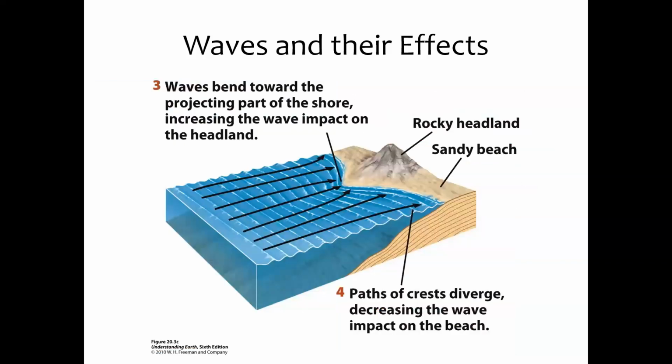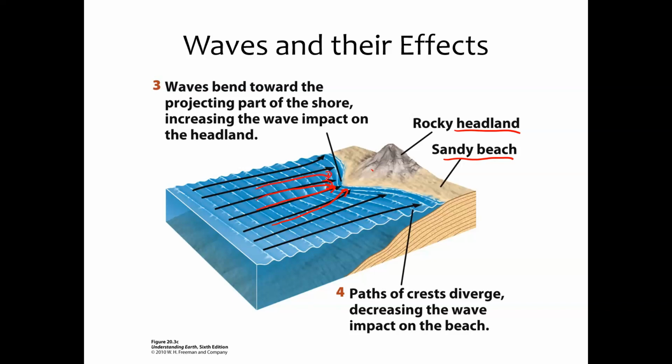Another effect that we want to talk about is the way that we had talked about the headlands and the little pocket beaches that are next to them on some of these active shorelines. One feature of the way that the waves refract around these is that at that projecting part of the shore, the wave is actually going to bend toward that point and focus its energy on those points.